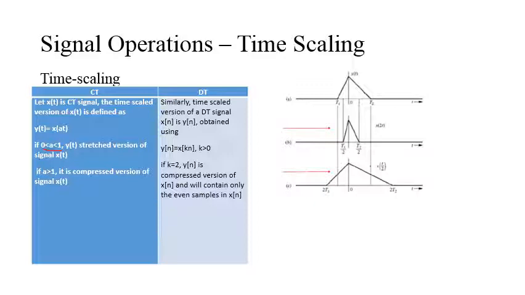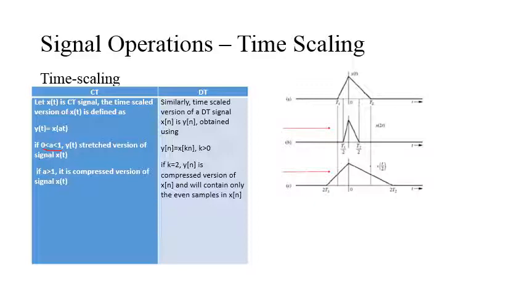So similar arguments apply to the discrete time signal, but remember, in case of a discrete time signal, k can have a value greater than 1, right? Because if k is less than 1 we cannot stretch the discrete time signal.